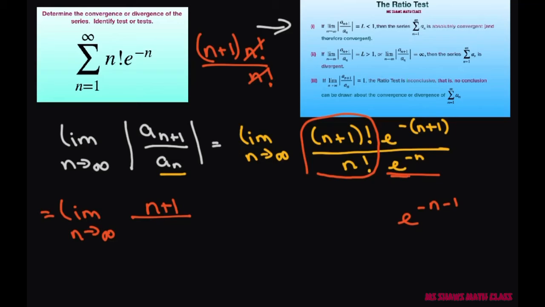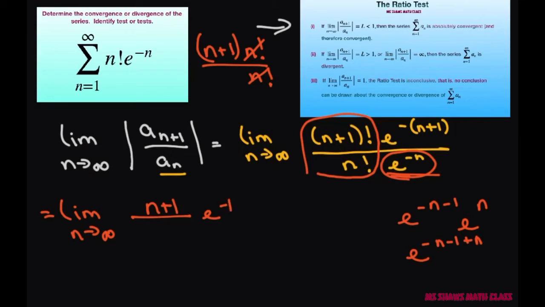And then if I want to move this up in the numerator, this is going to be e to the power of n. So you can put this together with your product rule for exponents, and you're going to get e to the power of negative 1.